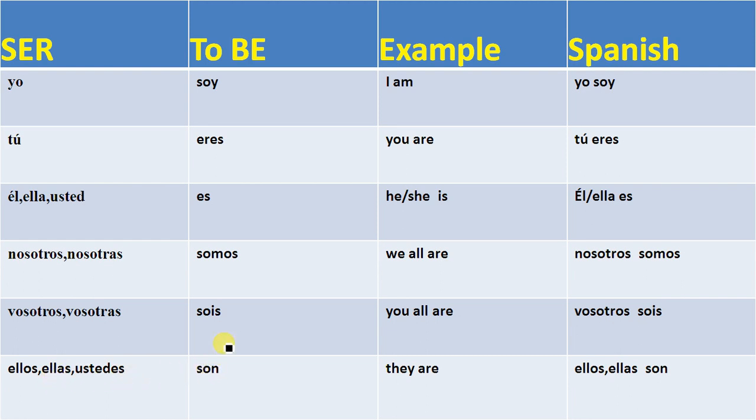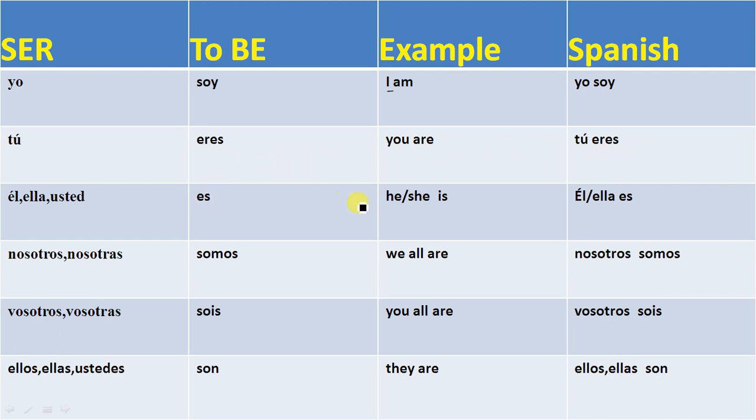Okay. Now if you want to say I am, how will you say I? In Spanish, I is called yo. Yo soy means I am. Now if you want to say you are, you will say tú eres. Tú eres means you are.